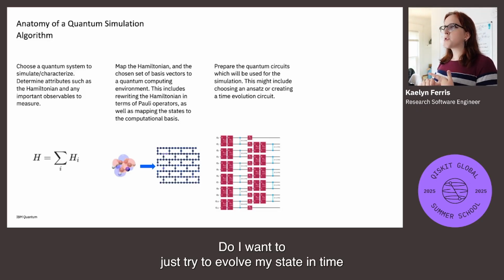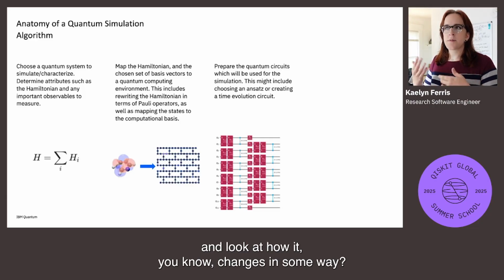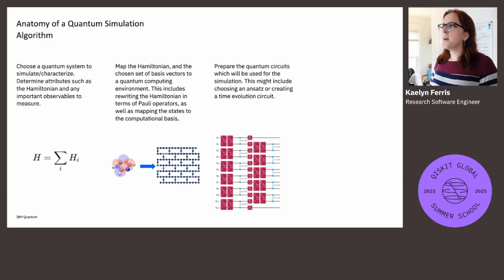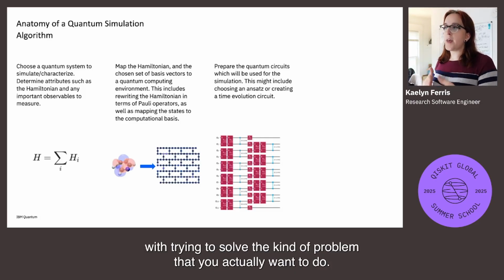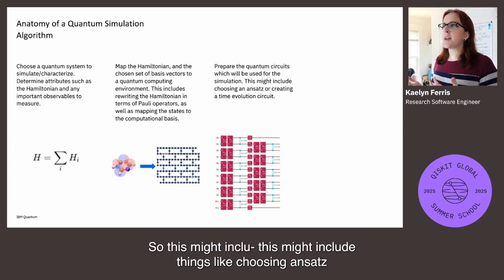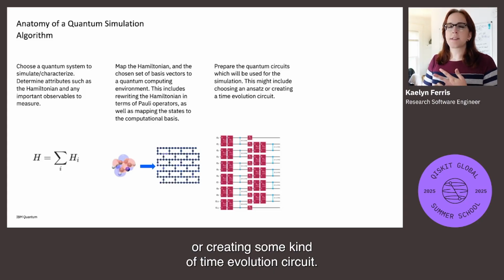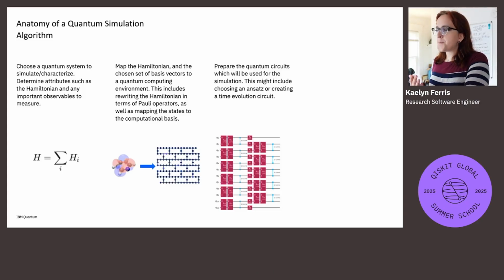Do I want to just try to evolve my state in time and look at how it changes in some way? So this step is actually preparing the quantum circuits that are associated with trying to solve the kind of problem that you actually want to do. So this might include things like choosing an ansatz or creating some kind of time evolution circuit.